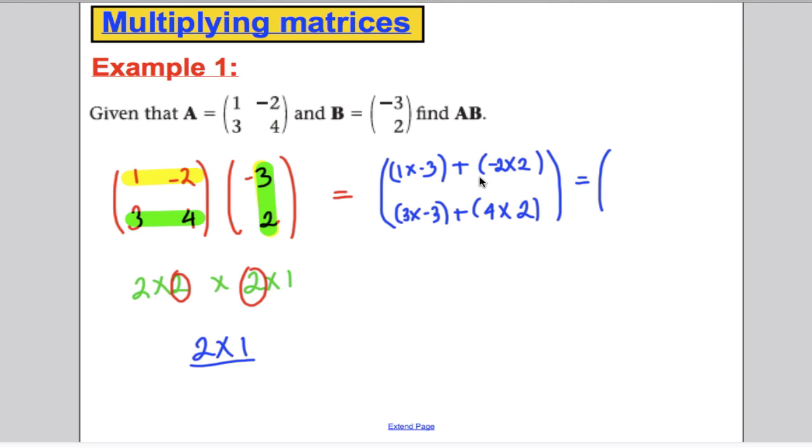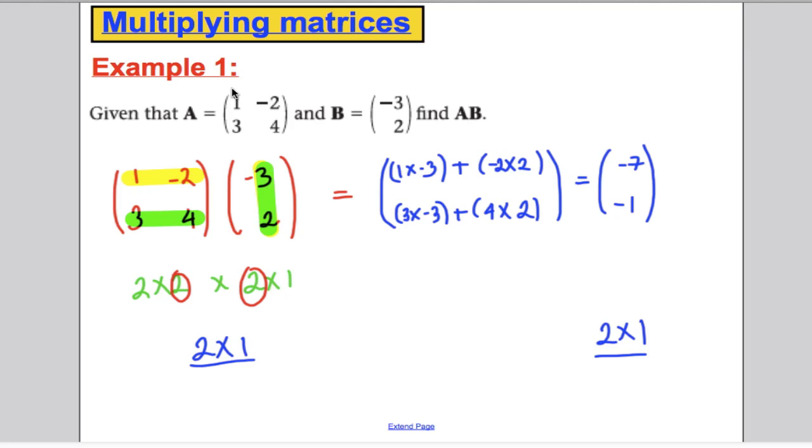And working it out, what would you get? That's negative 3 and negative 4, so that's negative 7, and you get negative 9, add 8, and you get negative 1. And hence that's your answer. And you have a 2 by 1 at the end, which you were hoping for and which you knew you were expecting. So it gives you some sense that you've actually done the question correctly.